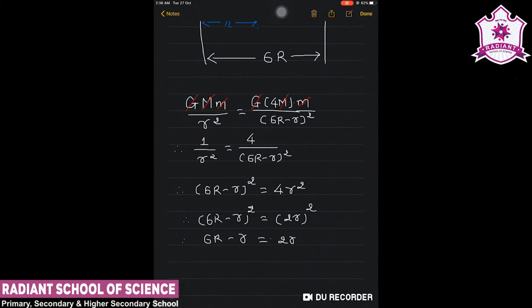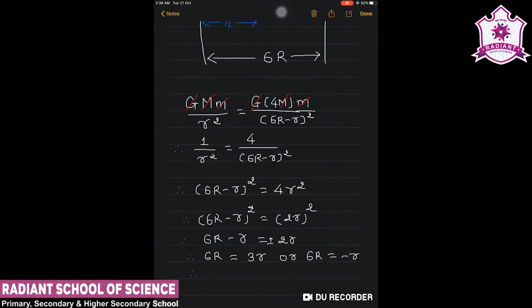So here we have that 6R is equal to either 3r or minus r.